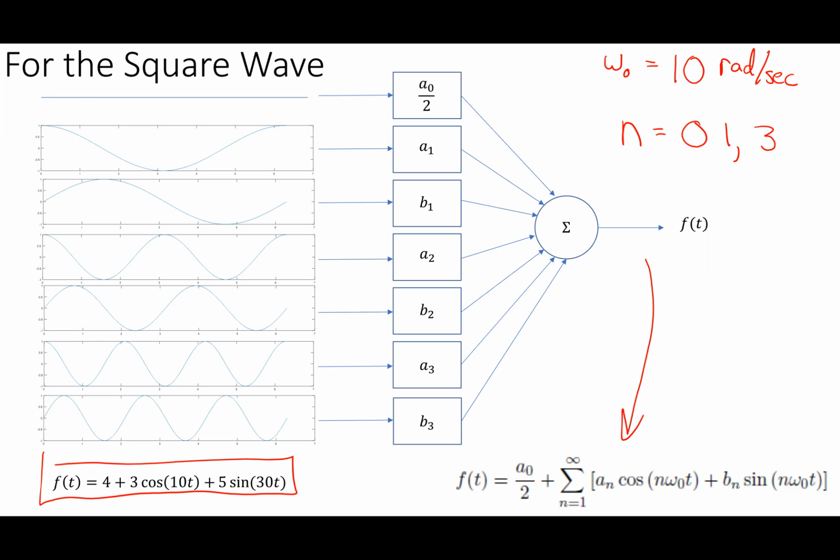Now, looking at this picture, I can begin to identify what those terms are here. Here's my cosine. This guy would be cosine 10t. This guy would be sine 10t. This guy would be cosine what? 20t. What's this guy beneath it? Sine 20t.